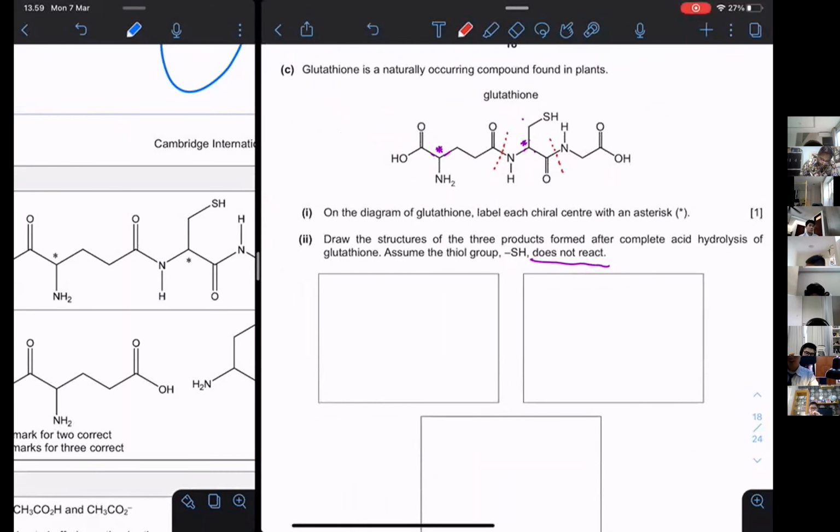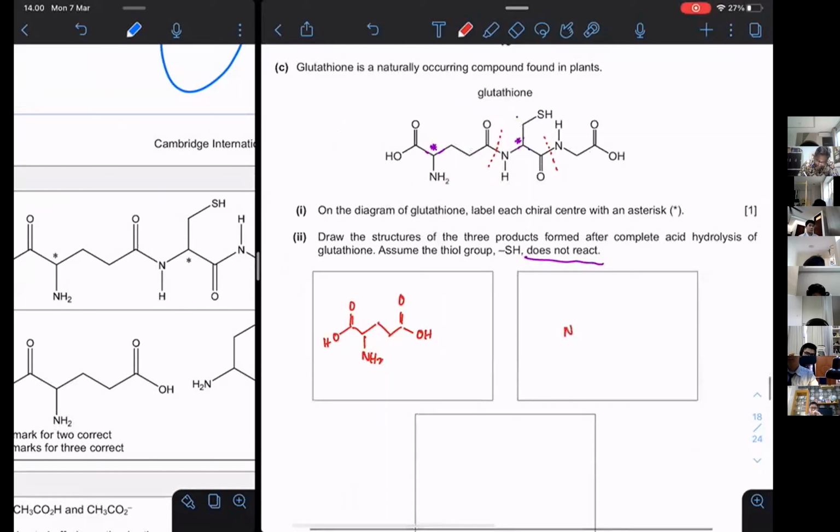So you just put the OH here, double bond O, then NH2, then like this, double bond O, then OH. So that is going to be a carboxylic acid. And then here, NH2. Go like this, go up, SH.